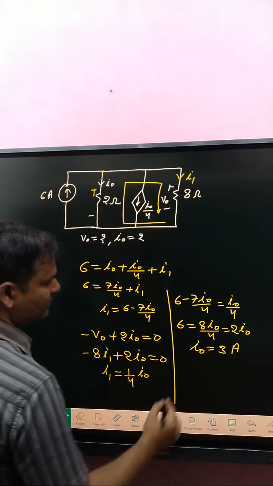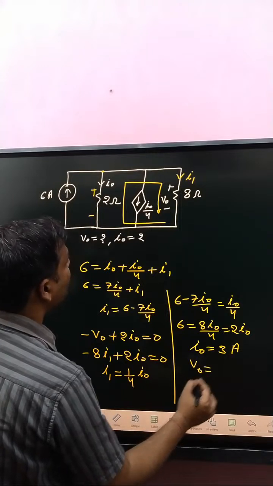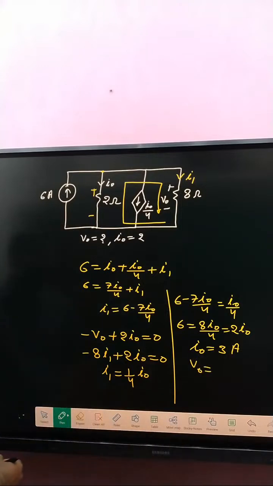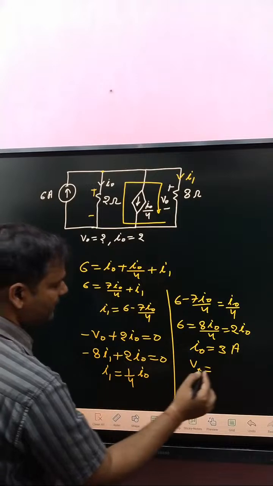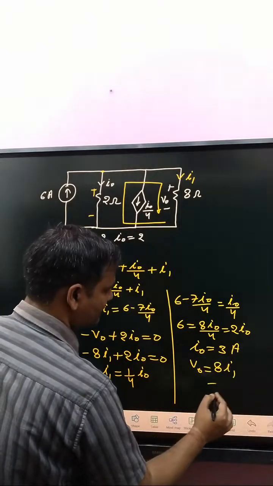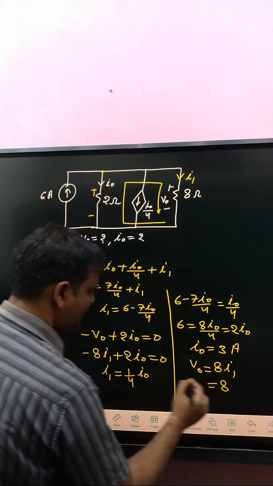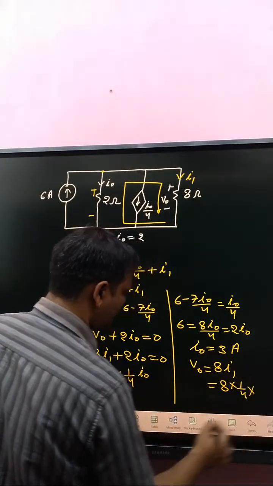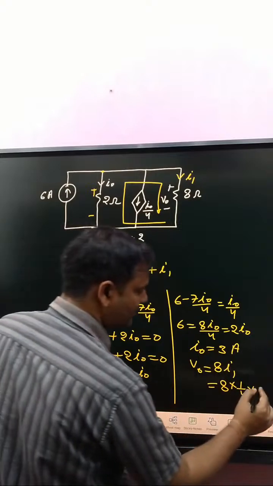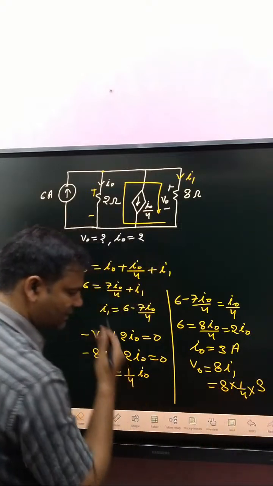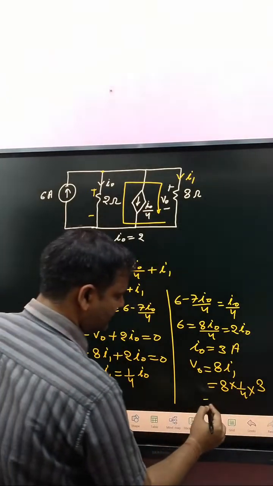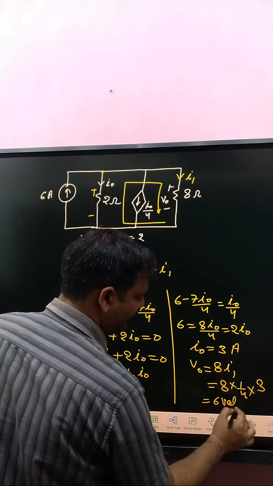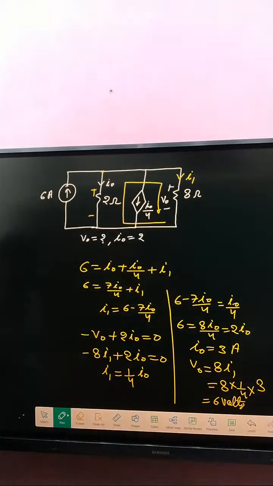And what about V naught? V naught is equal to 8 into I1, I1 is 1 by 4 into I naught, I naught is 3, so finally that is 6 volt. 6 volt is the right answer.